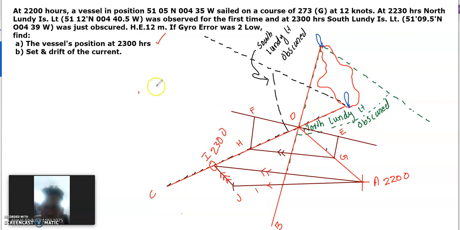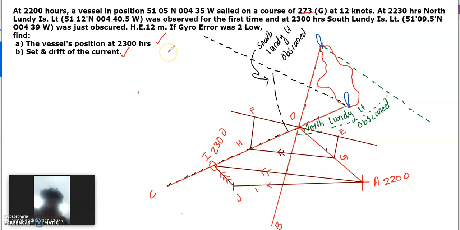Now the second question, we have to find the set and drift of the current. For that, from the initial position you draw your initial course; after applying the gyro error you get your true course, 275 from A. I drew a CTS straight.